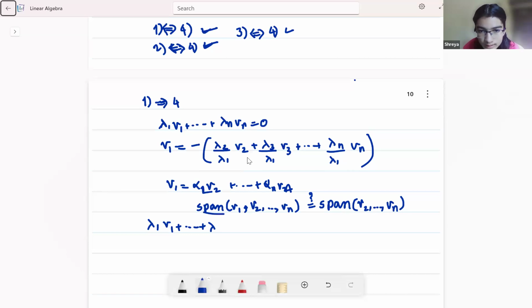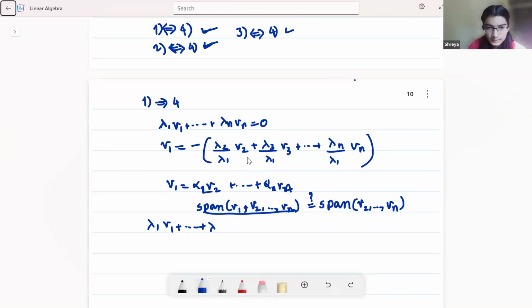So then, this thing is clearly a subset of this. I guess that's clear because you just need to add a 0 times V1 plus whatever was over here to write it as a linear combination of these things.